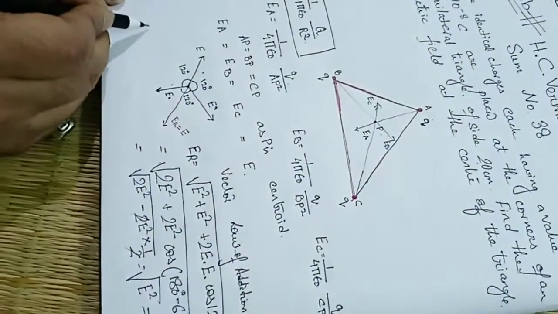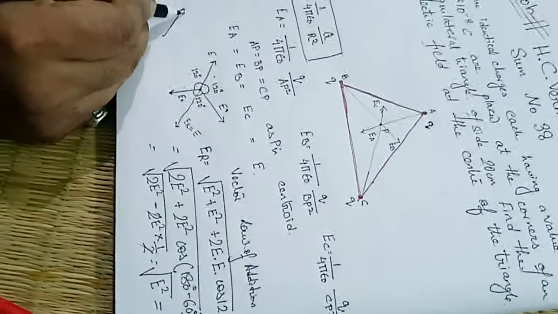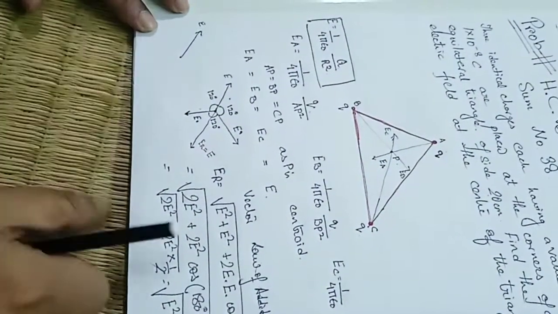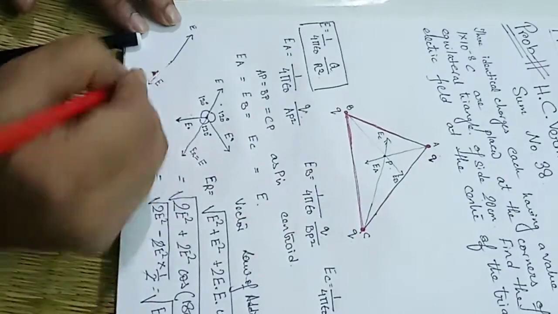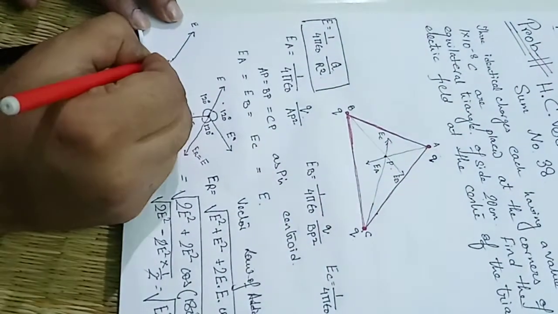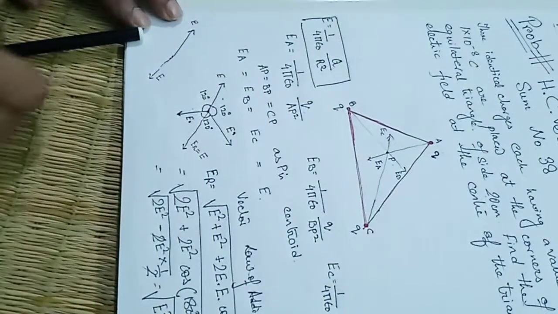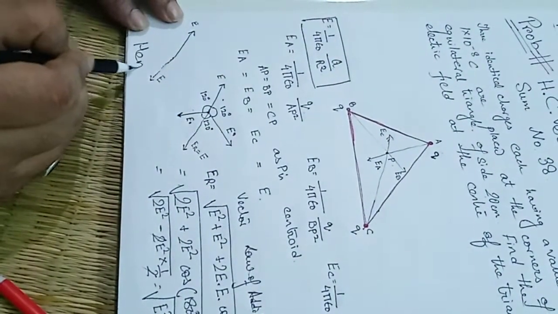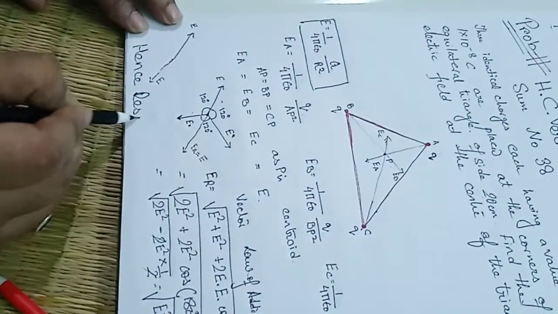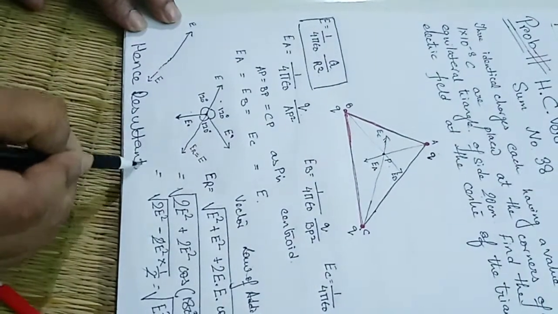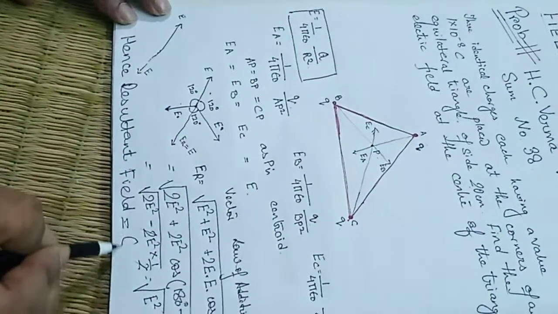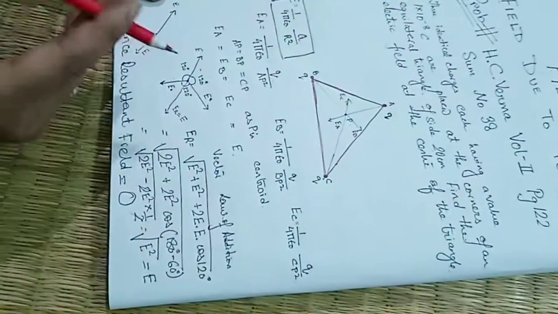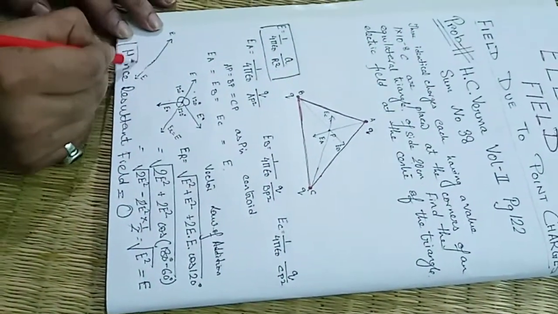Now we are getting two vectors E and another vector E which are equal to each other and oppositely directed. Hence, resultant field is 0. Could you follow? We have done this sum in a very easy way.